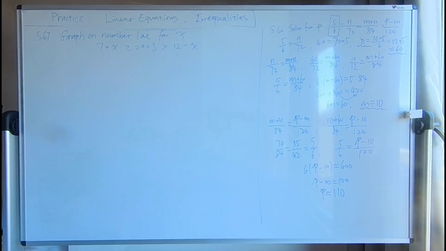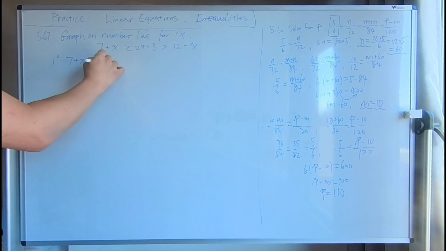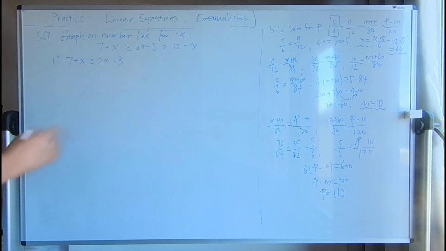Again, we have a mix of 3 expressions with 2 inequality signs. So we need to look at them one by one and get all the combinations of the ranges for x, and then eventually we'll put all the ranges together and find the common area, or the intersection of the ranges. So the first inequality, we can take a look at 7 plus x greater than or equal to 2x plus 3.